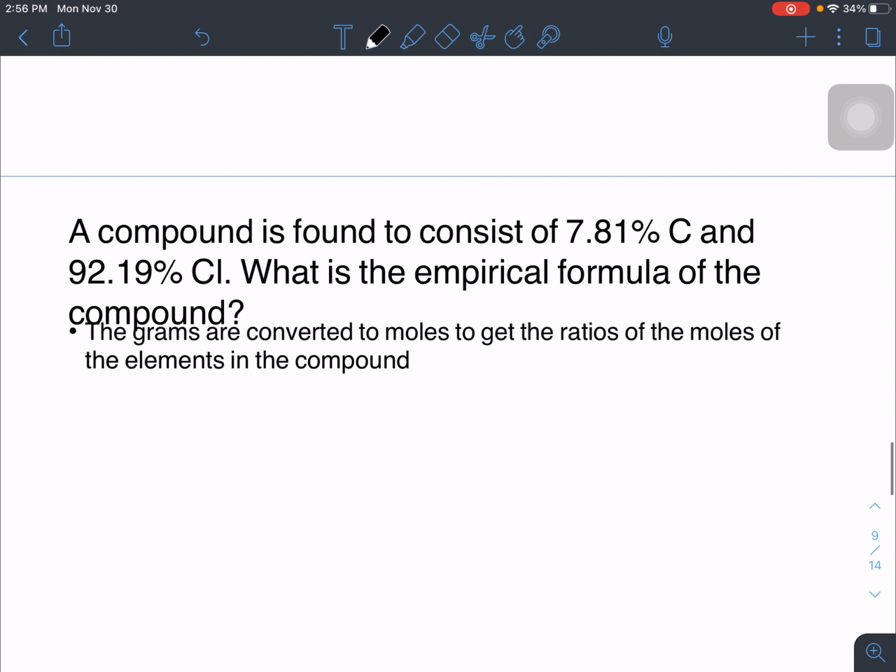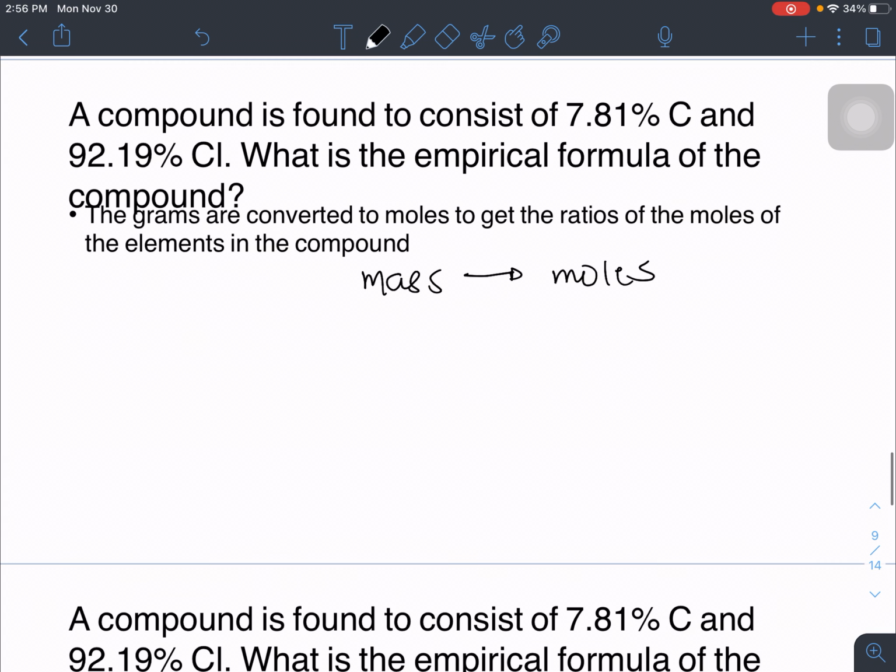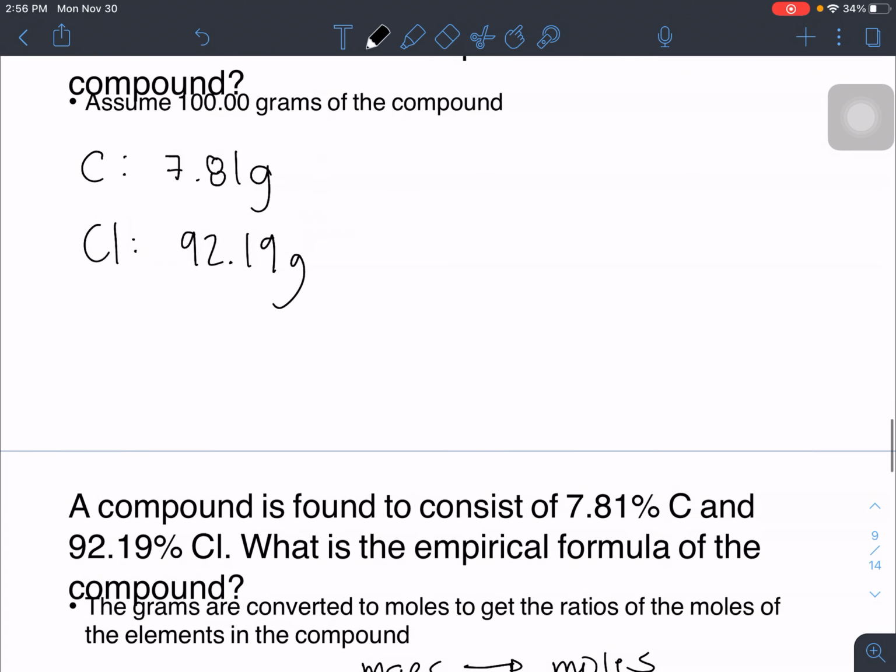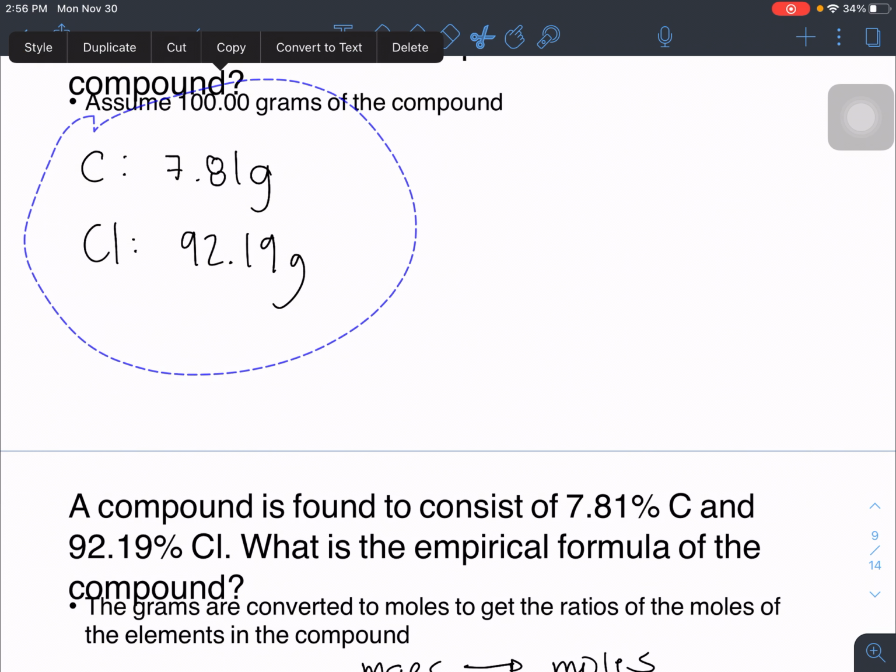Now, after finding out the mass, we will convert mass to moles. When we want to convert mass to moles, we will need the molar mass.